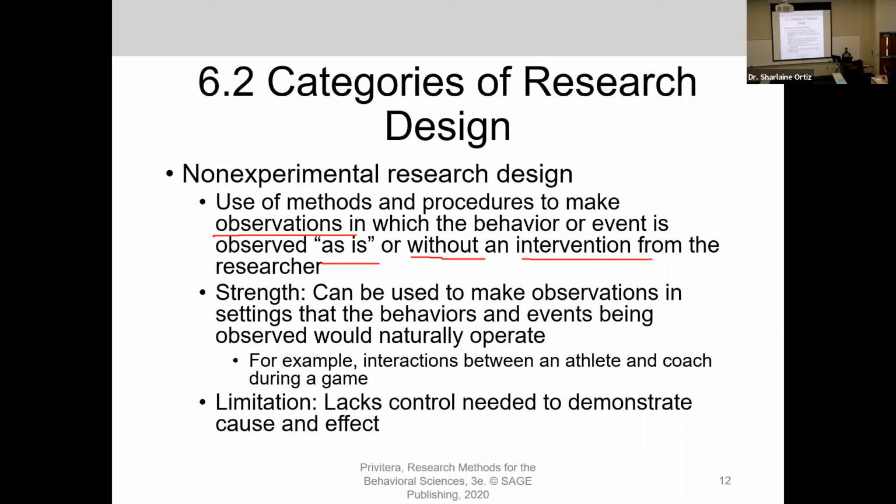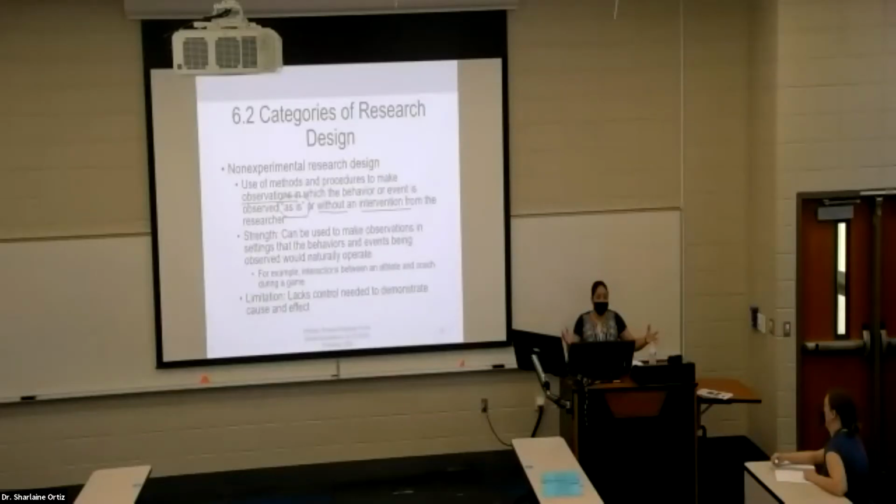Something immensely important about non-experimental design is that you are observing things as they are. For example, I want to observe flirting behaviors amongst college-age participants at the club. The best way to do that is for me to go to a club where a lot of college-age people go to flirt, right? I wouldn't be able to do that type of study here.